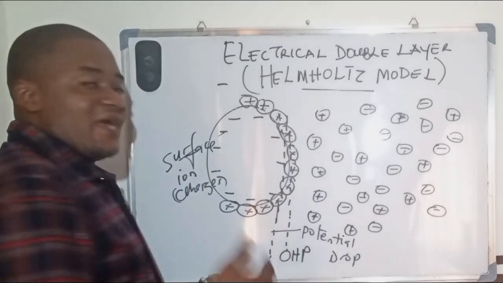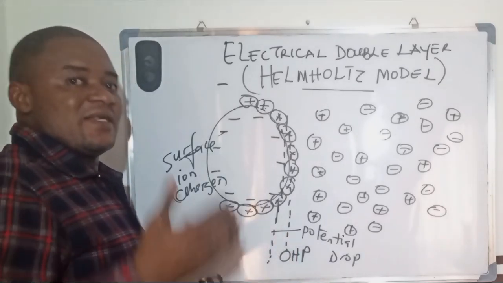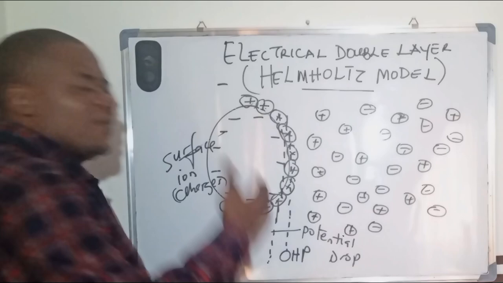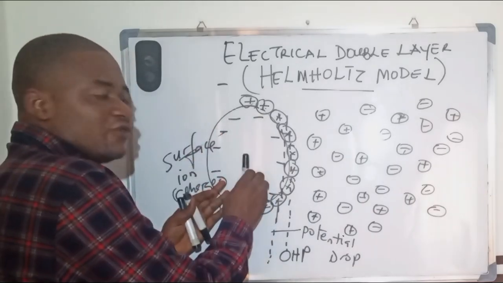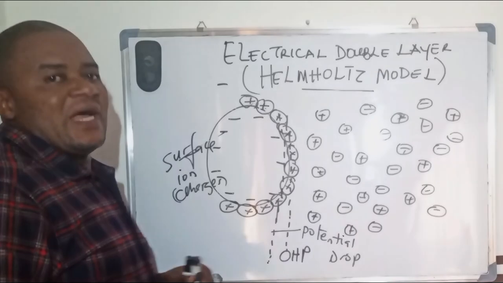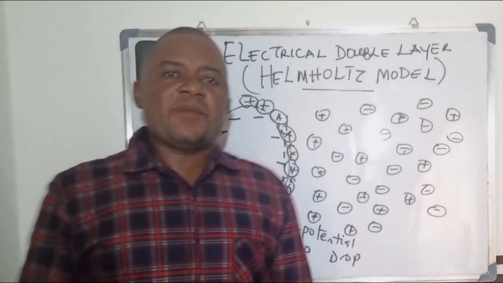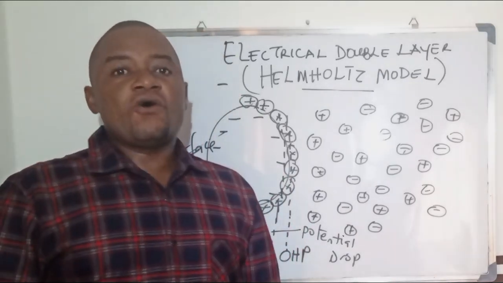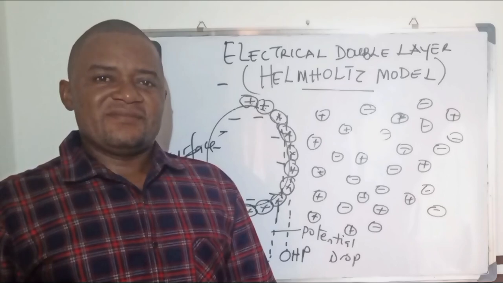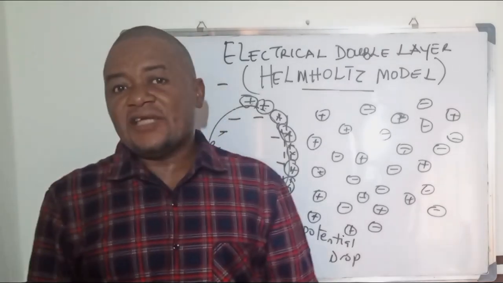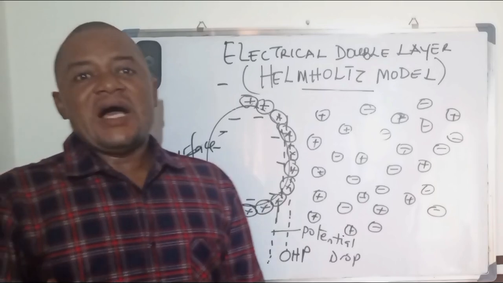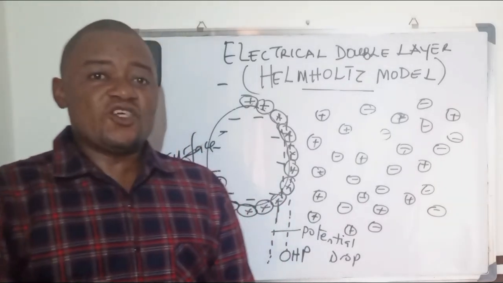And in as much as there exists a double layer, there exists a potential difference that keeps those two surfaces, the electrode and the electrolyte, together. And this is exactly what happens even in your common electrolysis, where you have your electrode in the electrolyte and the process of electrolysis goes smoothly.